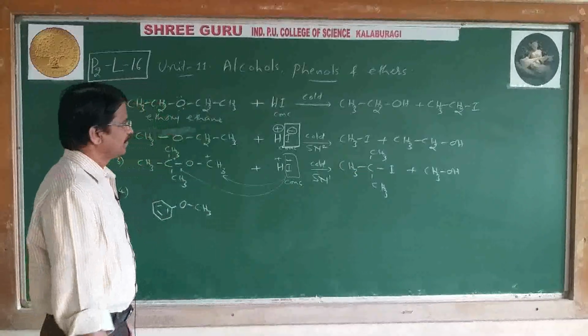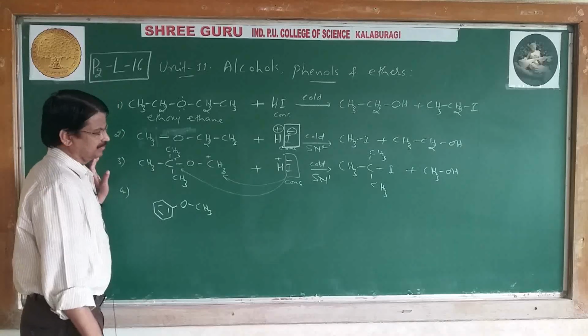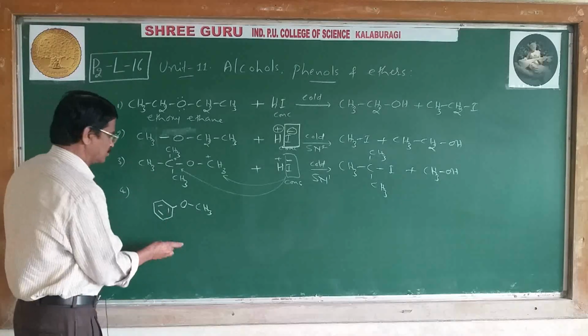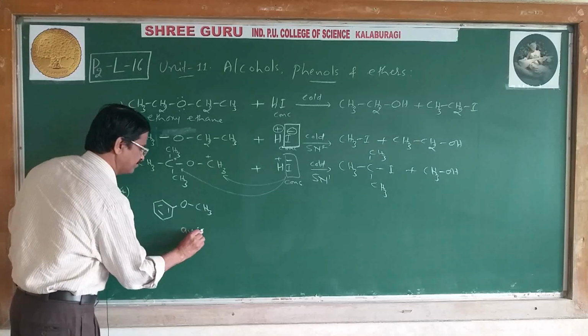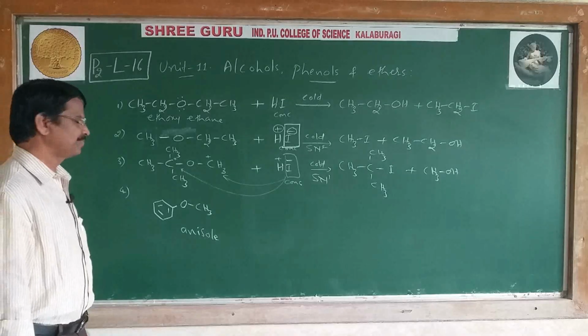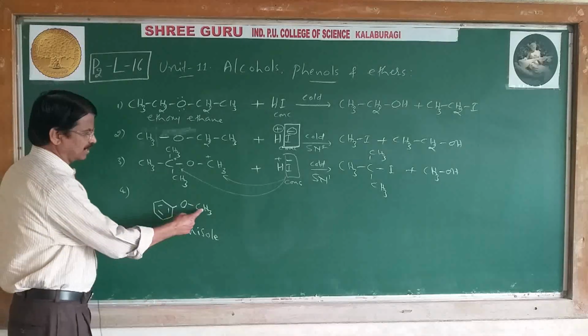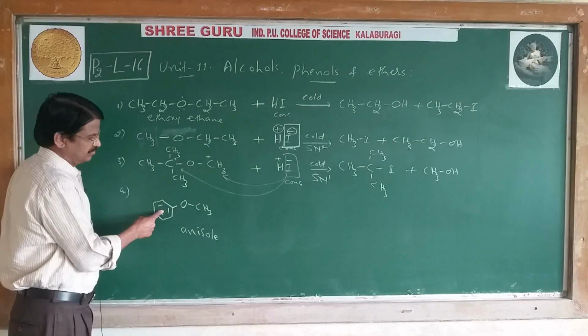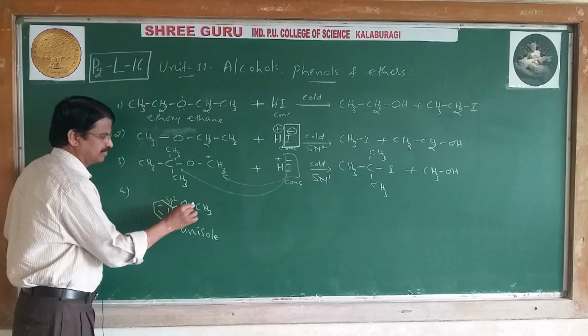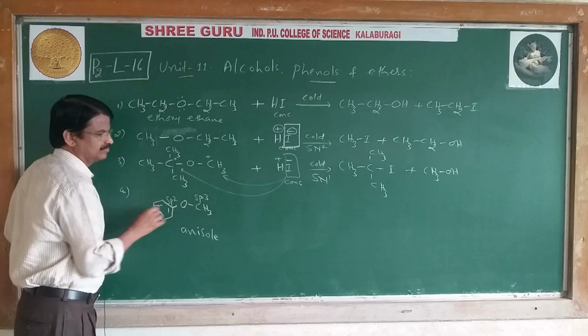And see the last example. There is an ether. It is called anisole. Anisole contains an alkyl group and a phenyl group, and this O is linked with an sp2 carbon and an sp3 carbon.